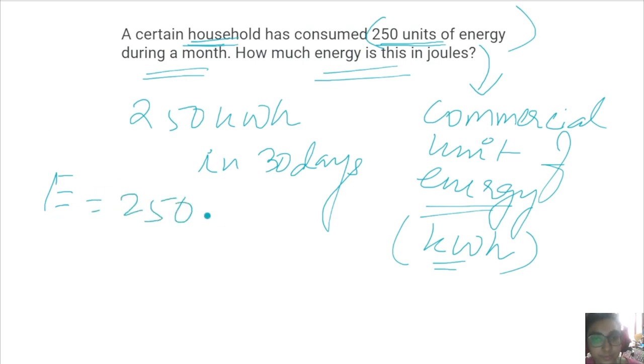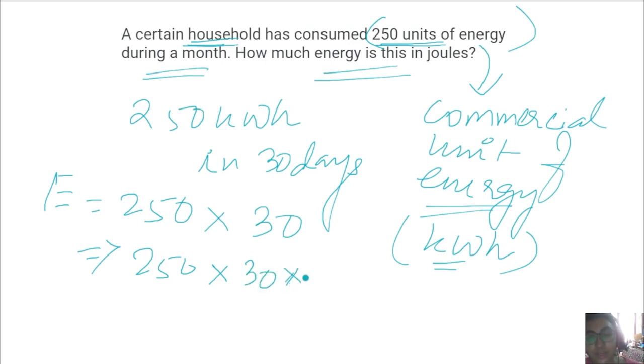250 into 30, right? So we have to basically convert these days into seconds, right? So what are we going to do? 30 into, first let's say one day has 24 hours, every hour has 60 minutes, and every minute has 60 seconds.